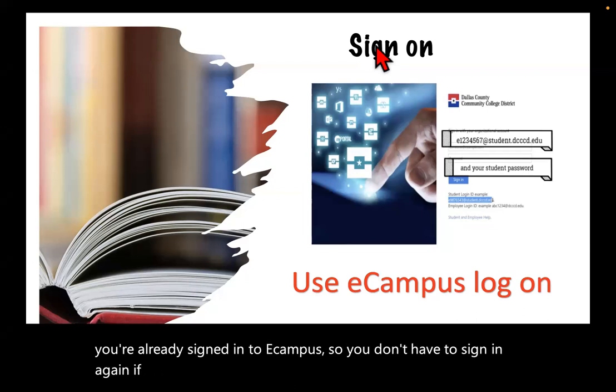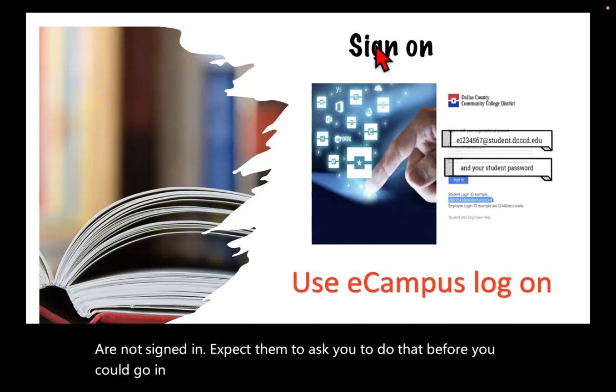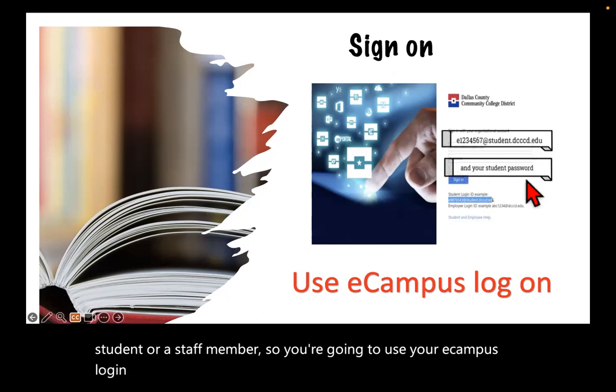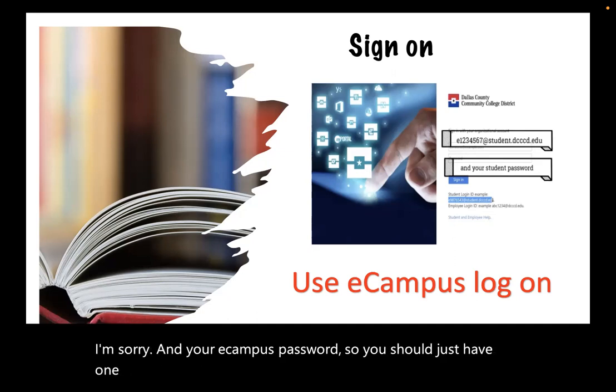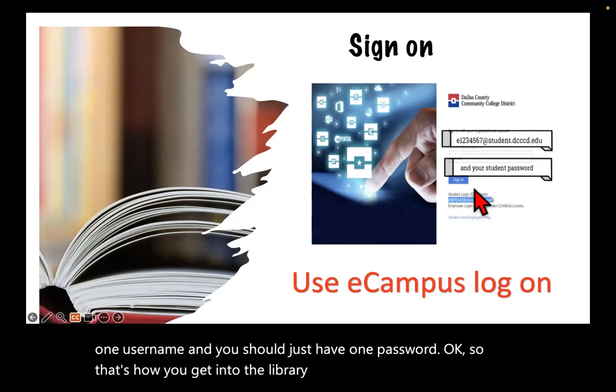If you are not signed in, expect them to ask you to do that before you can go in, because we don't let just anybody in. You have to be a student or a staff member. So you're going to use your eCampus login and your eCampus password. You should just have one username and one password. Okay, so that's how you get into the library database.